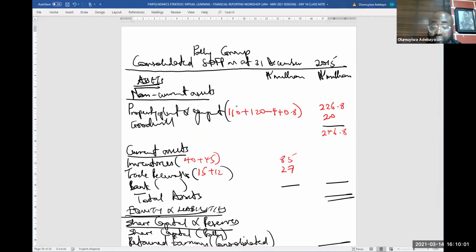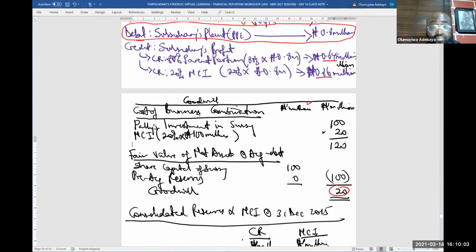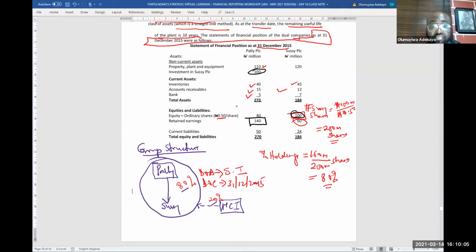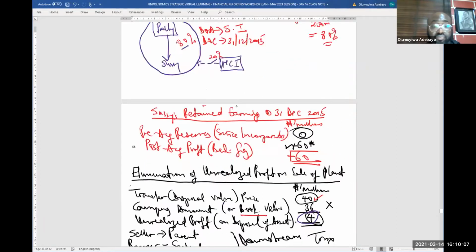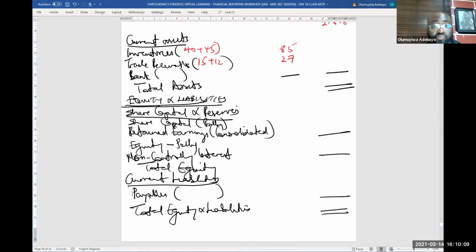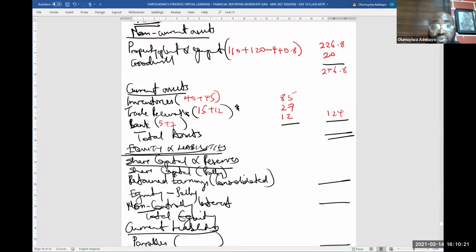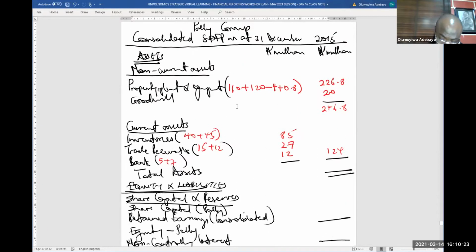That's 27. What's our bank? 5, 7. That is 12. 85 plus 27 plus 12, 124. And 124 plus 246.8, that's 370.8.